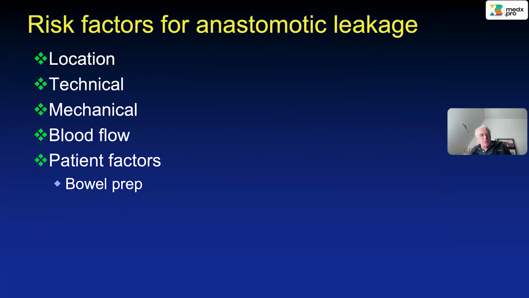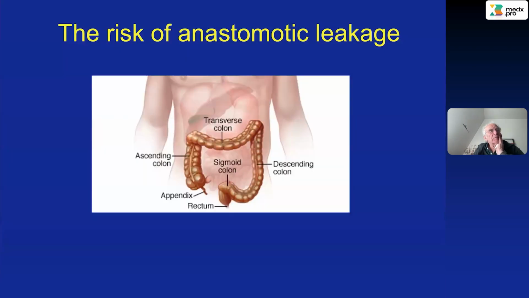So the risk factors are related to several factors. Let's take a look at these one by one. The location, the technical aspects, mechanical aspects, the blood flow, and patient factors. We all know that there is an increase, as we go from right to left, in the risk of anastomotic leakage.